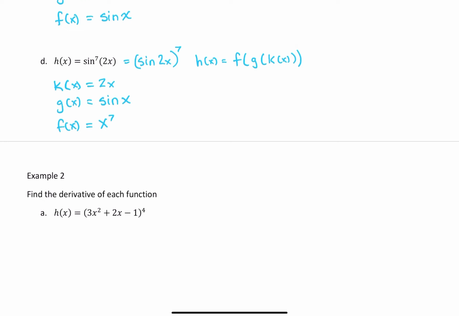And so then if we rewrite that, f of g of k of x, well, that's going to equal f of g of, so k of x is 2x.